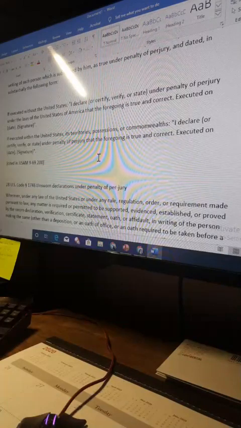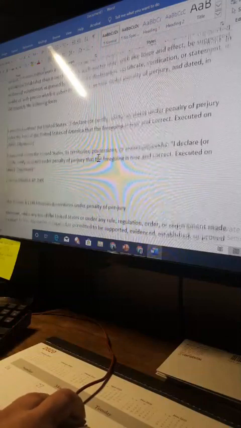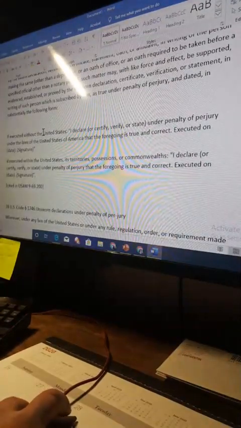It's cited in USAM 9-69.200. Very, very important. The distinctions that we see here.